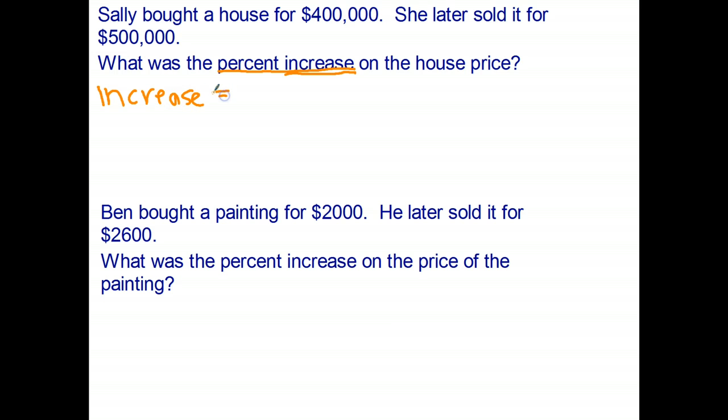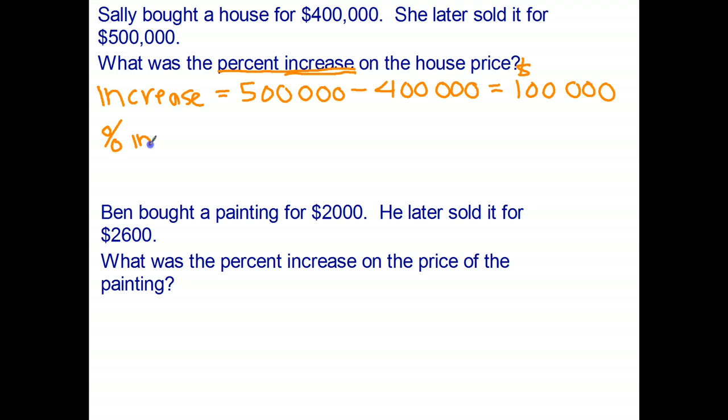So the increase, well, if it started off at 400,000 and grew to 500,000, to find out the increase, we need to subtract. And the increase is $100,000. Okay, now here's something that is worth doing in questions like this. Rather than just writing percent equals, write percent increase.